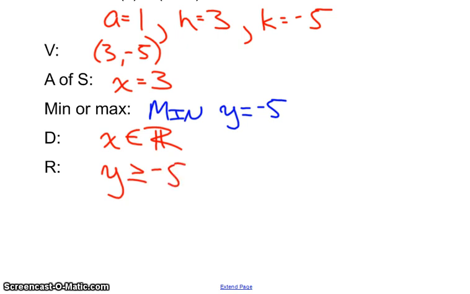All right. Again, a nice way to remember that is, what's our a? Our a is bigger than 0, right? Our a is 1, so it's bigger than 0, so our y is going to be bigger than negative 5.